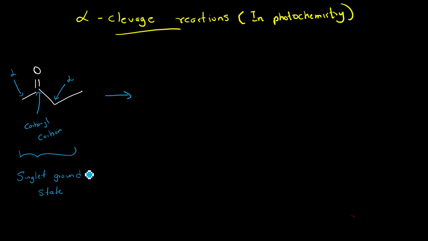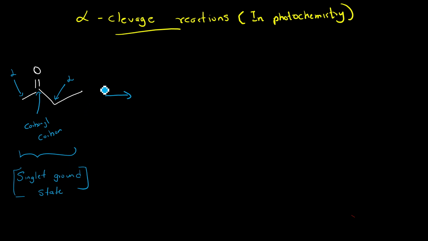Always mention the energy state. That would give a much more detailed answer, and when the examiner sees your answer, it would be much more professional. So always state the energy state.